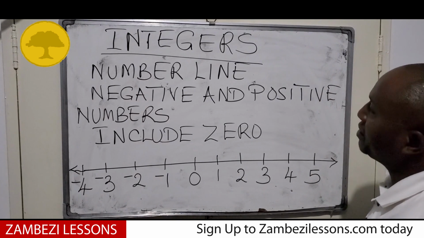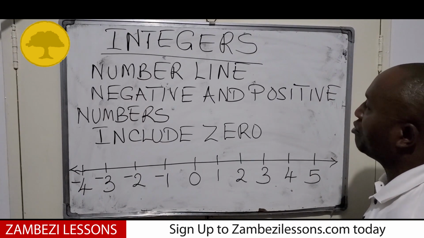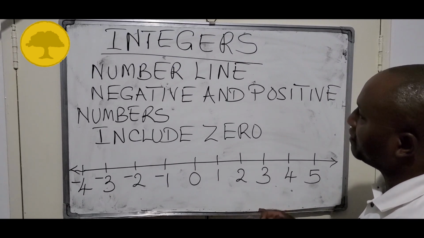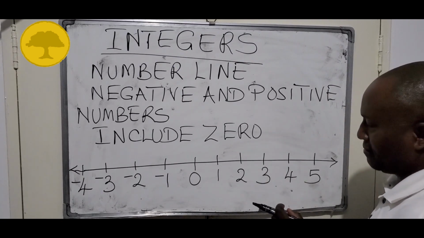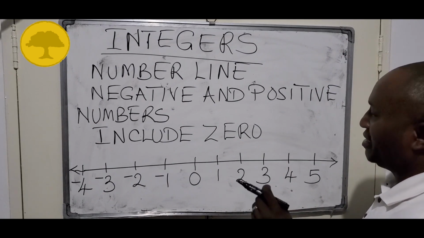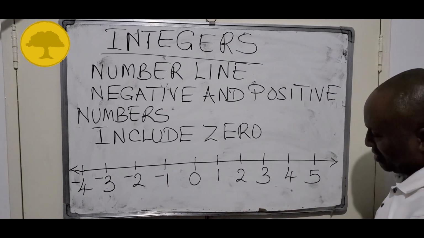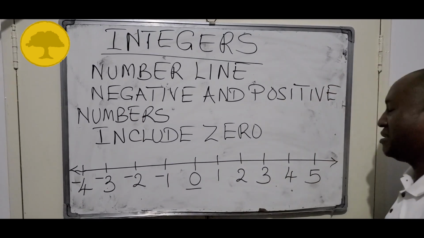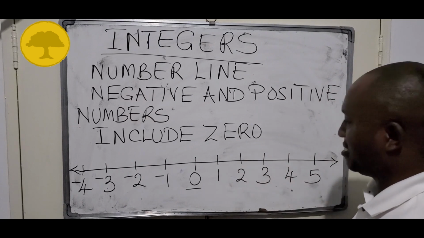Now, when it comes to the number line, it helps you understand the size or the value of a number. What do I mean? When you look at your number line, 0 basically says there's nothing that you've got.